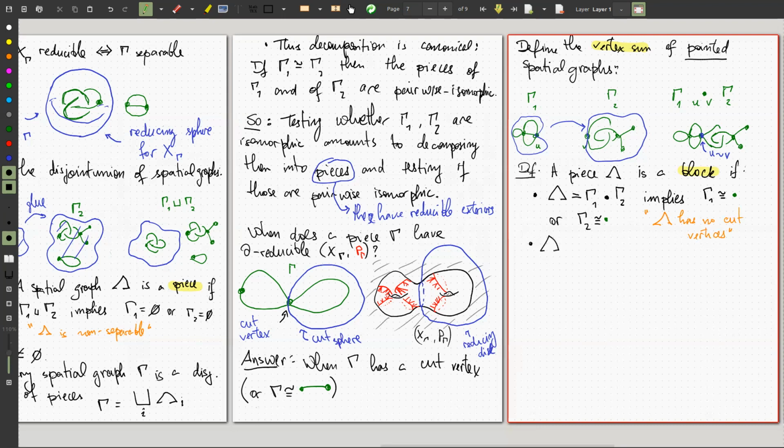So lambda is not isomorphic to a one-point graph. Okay, this is what we call a block. And now the nice thing about these blocks is that if they weren't separable before, they're surely not separable now. They were pieces, and they also have no cut vertices.